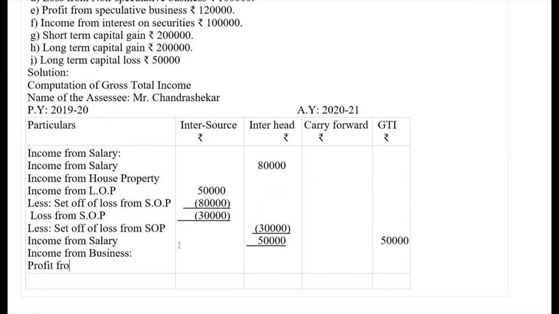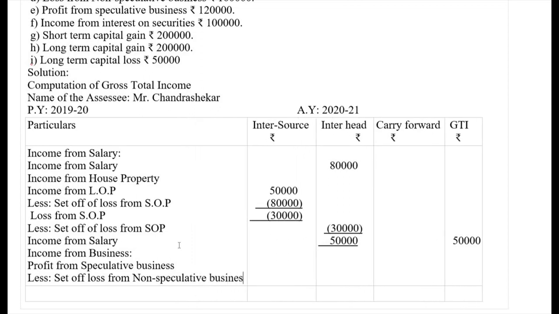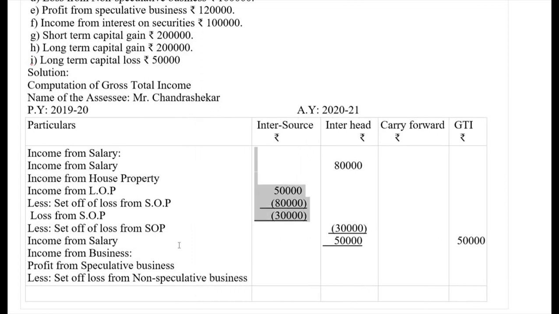So profit from speculative business less set off of loss from non-speculative business. Here profit from speculation is given as rupees 1,20,000.